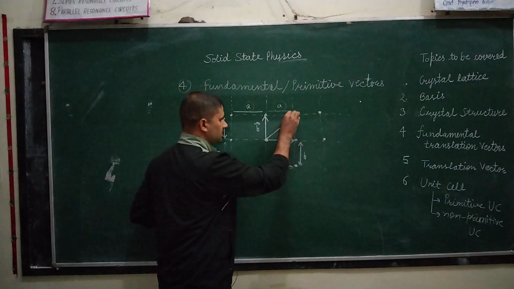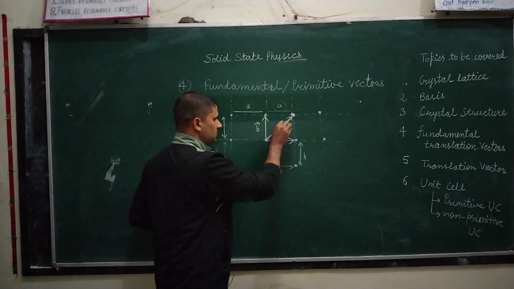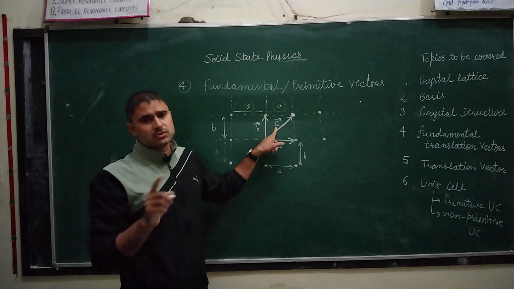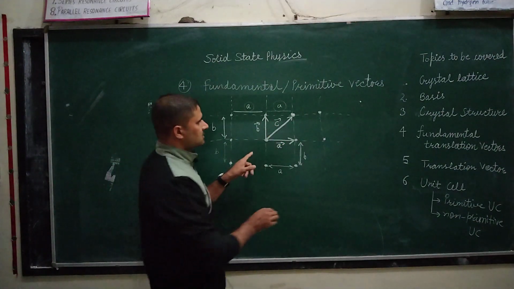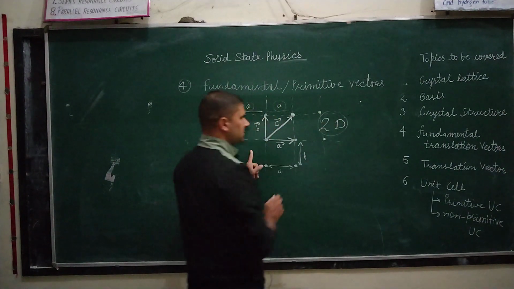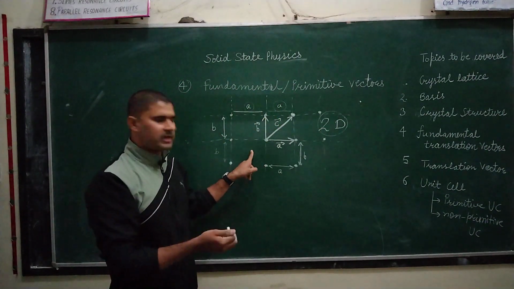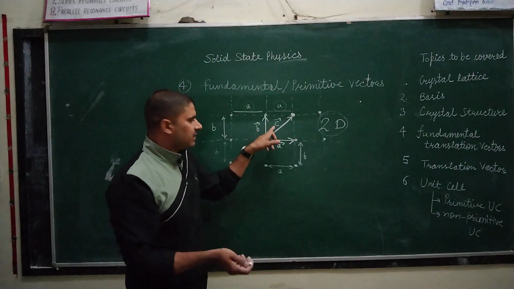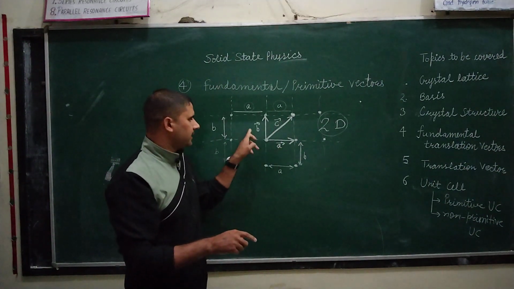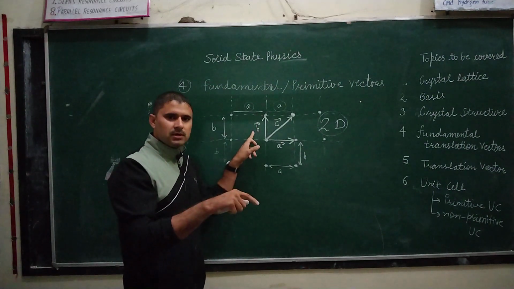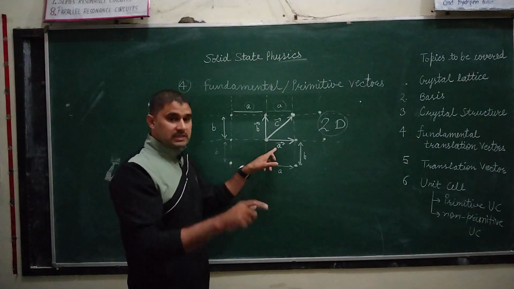So now let me take another vector. This is vector c. Okay class, this is vector c. Vector c is not primitive. This crystal structure is in 2 dimensions. Vector a and b are independent of each other, and vector c depends on a and b. Vector a and b cannot be formed using each other.